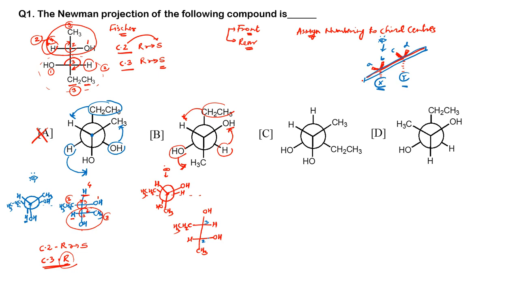Again with the same thing, we'll do the priorities. OH will be the first one, this group will be the second, and the CH3 will be third. So this will move in an anti-clockwise direction. We expect it to be S since anti-clockwise, but the hydrogen is towards the observer, so S will change to R. What about C3? OH will be the first.